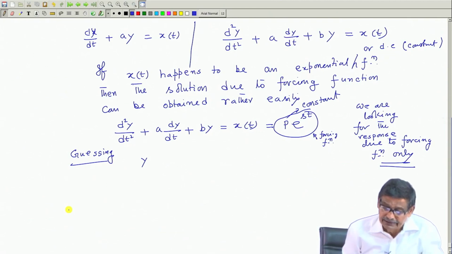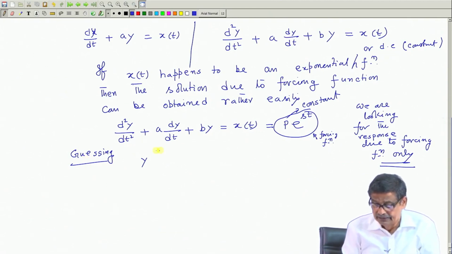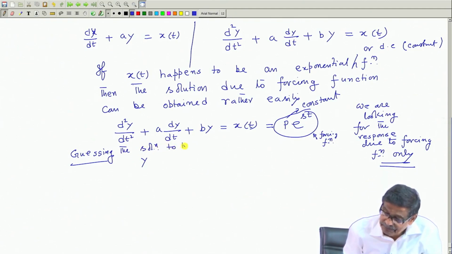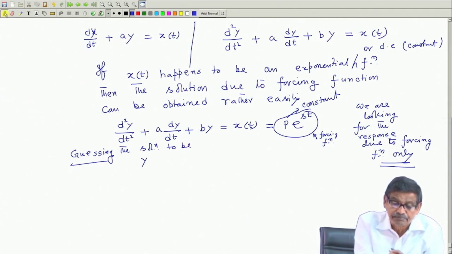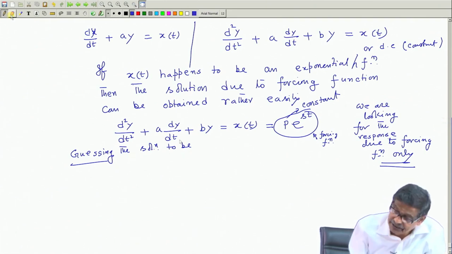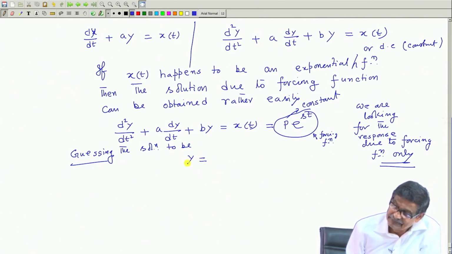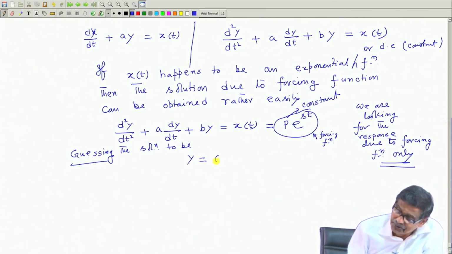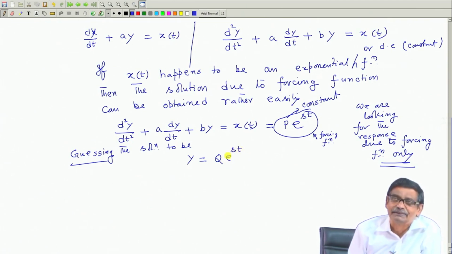Therefore, we are guessing the solution to be, this is a very interesting point, some q into e to the power s t. It has to be, nothing doing, p e to the power s t.